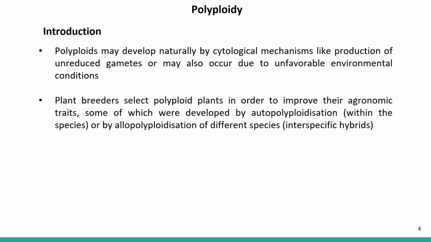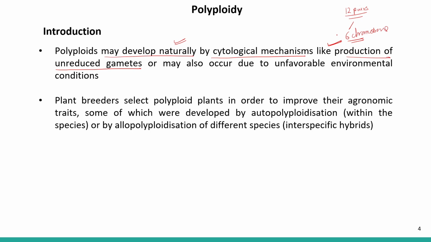Polyploids may develop naturally also, by a cytological mechanism like production of unreduced gametes. Generally, the gametes are formed by reduction of the chromosome number. So suppose the plant has 12 pairs of chromosomes, the gametes will have 6 chromosomes, half of it, right?